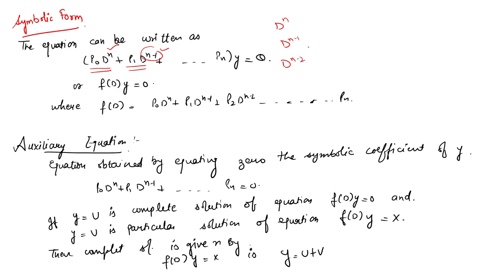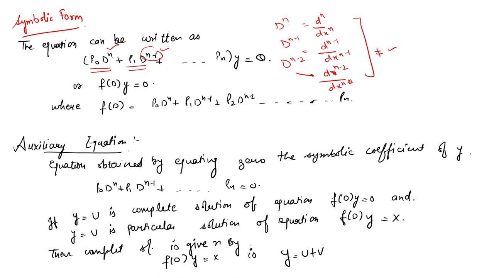Generally this is known as a differential operator, meaning d^n by dx^n, similarly d^(n-1) by dx^(n-1) and d^(n-2) by dx^(n-2). So these are differential operators. First of all, how can we write it down? We can write it as f of D y is equal to 0.